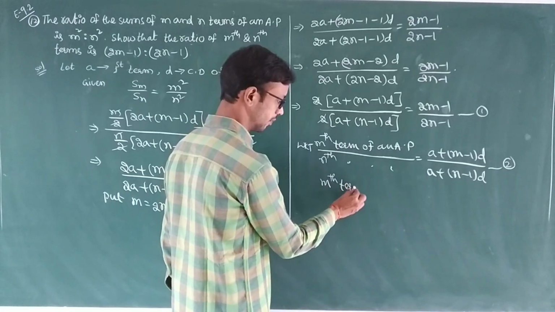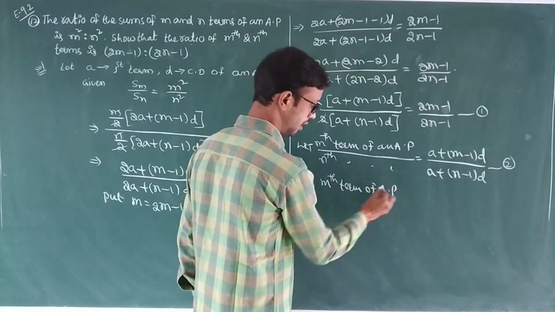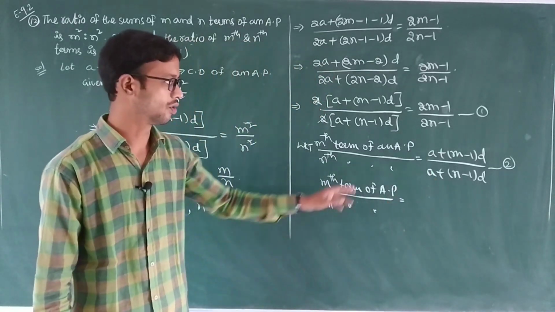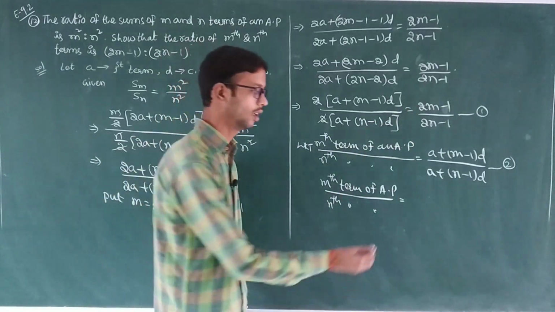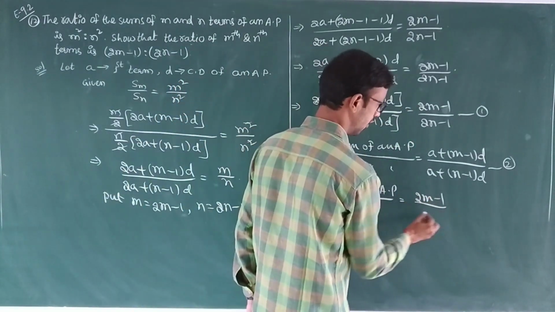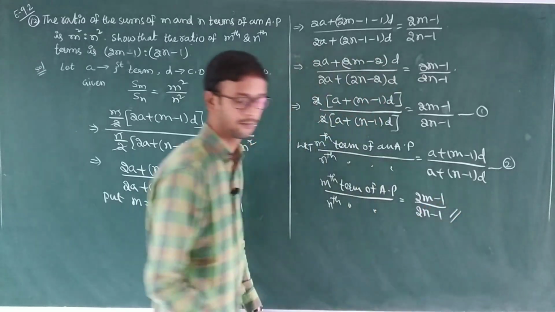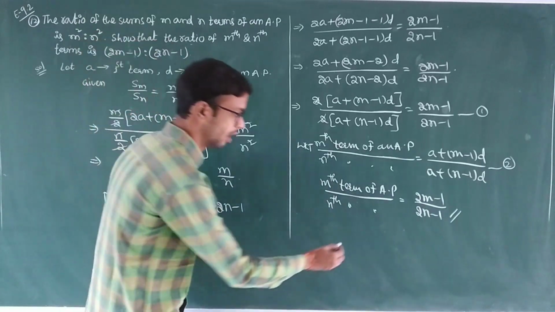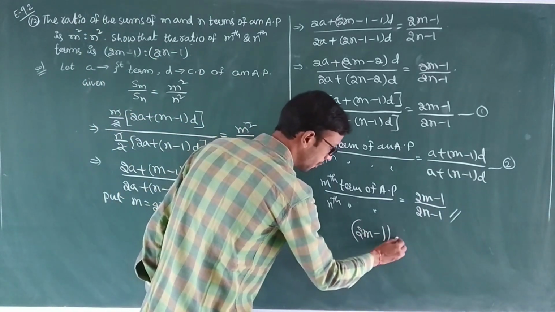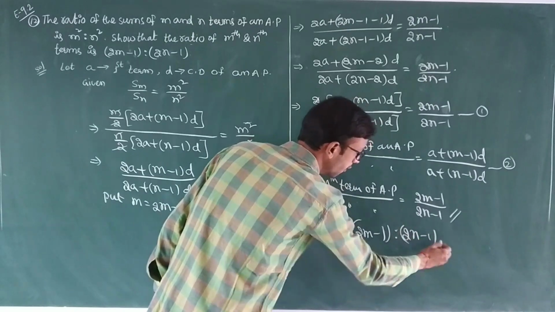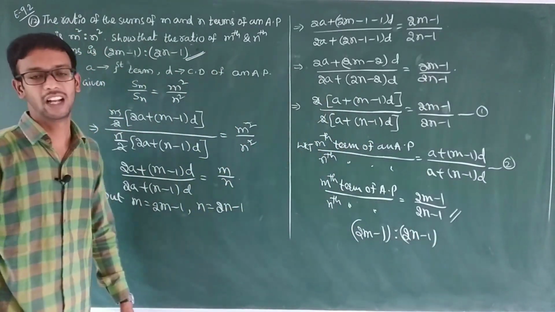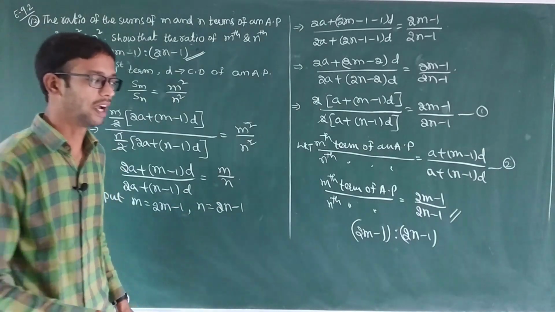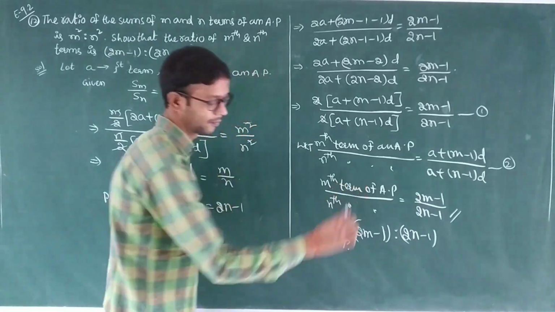Mth term of AP divided by nth term of an AP is equal to the ratio. These two same means these two also same: (2m − 1) divided by (2n − 1). What is the ratio between mth and nth term? We are getting mth term and nth term ratio is 2m − 1 is to 2n − 1. Hence proved.